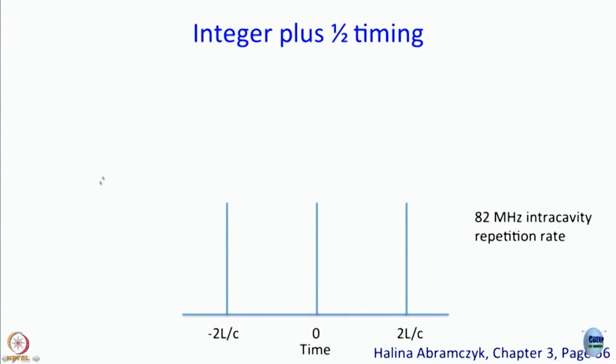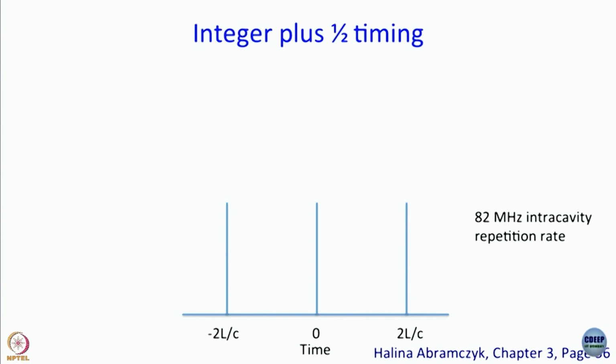The laser that they had discussed was the laser used in E.W. Small's lab, a Spectra-Physics synchronously pumped, mode locked, cavity dumped dye laser, Rhodamine 6G. There the repetition rate of the intracavity pulse is 82 megahertz, because it is pumped by an 82 megahertz mode locked Nd:YAG or Nd glass laser.